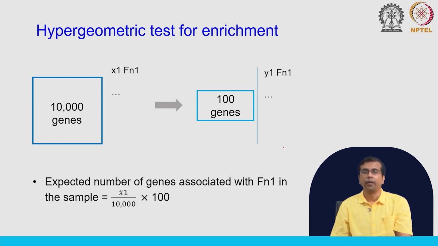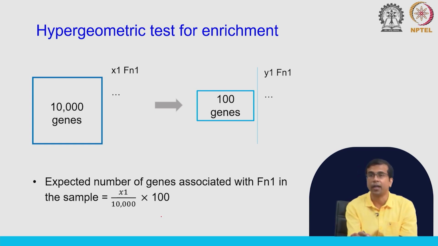Now, given this proportion, if you pick these 100 genes randomly from this global list, how many genes would you expect in the sample to belong to functional class 1? So, the expected number, if it is a random sample, would be x1 divided by 10,000 into 100.